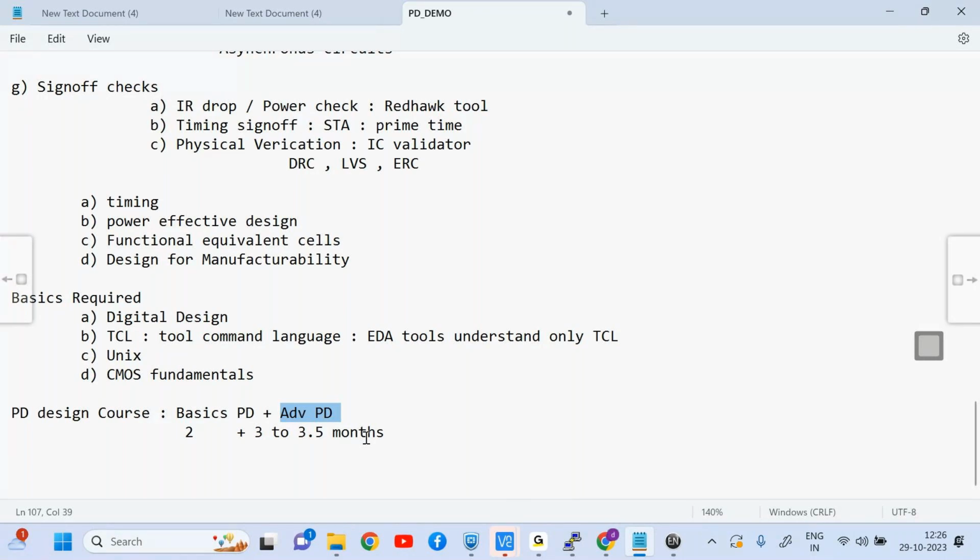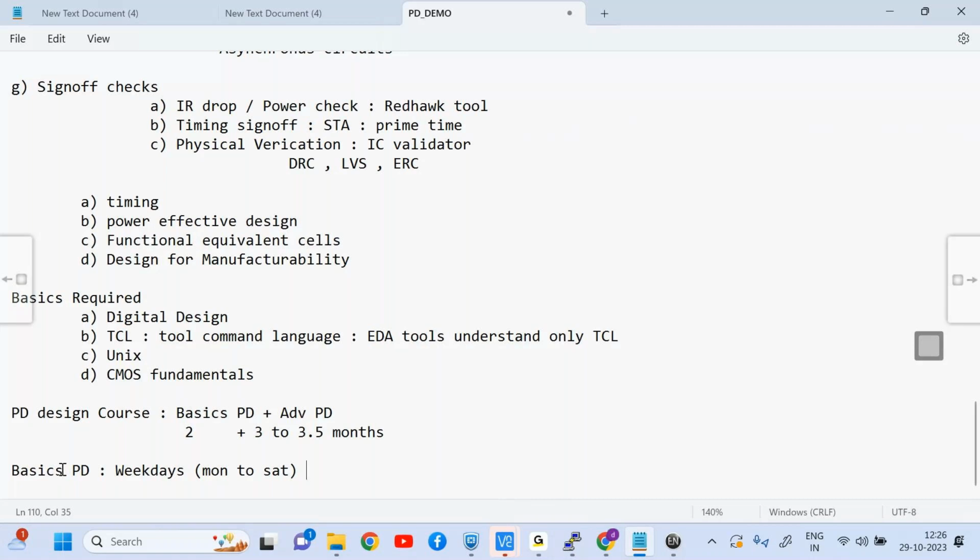First basics. We'll start with basics first. Basics PD is only on weekdays, from Monday to Saturday.